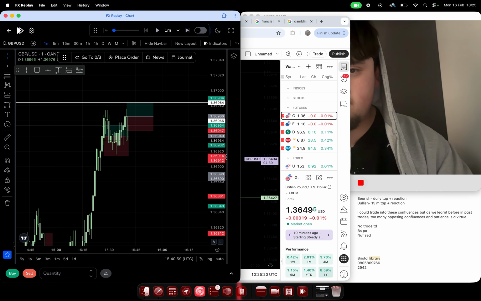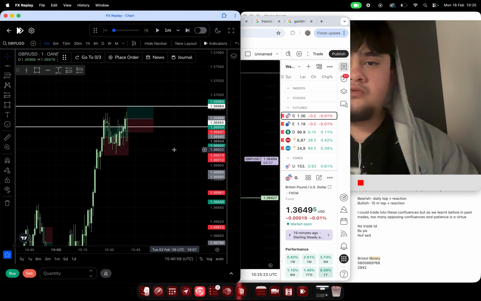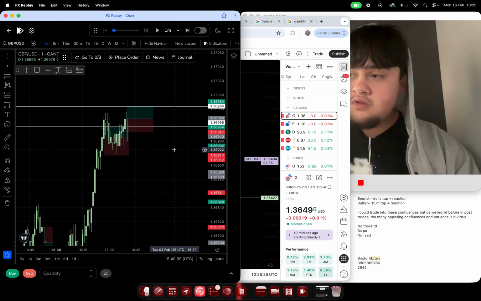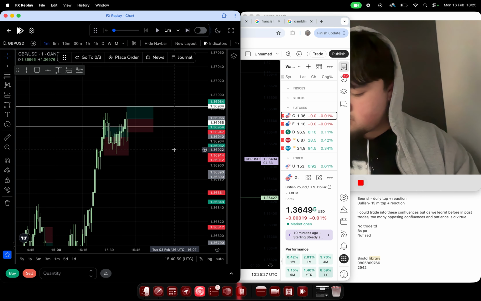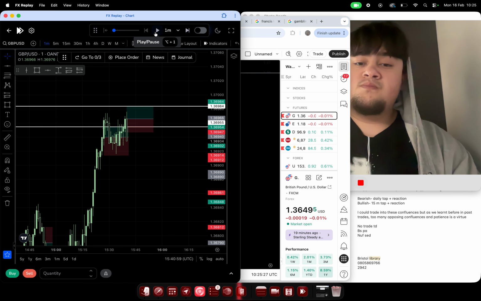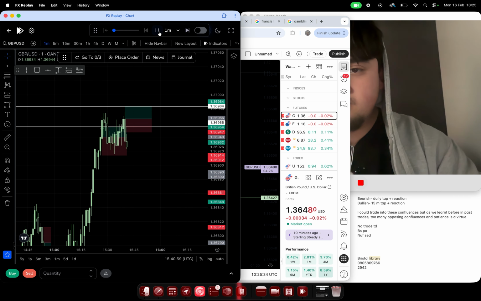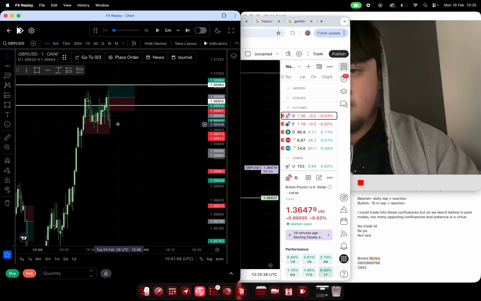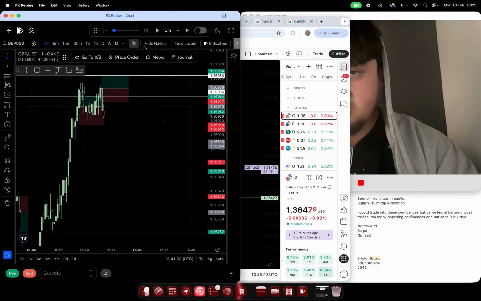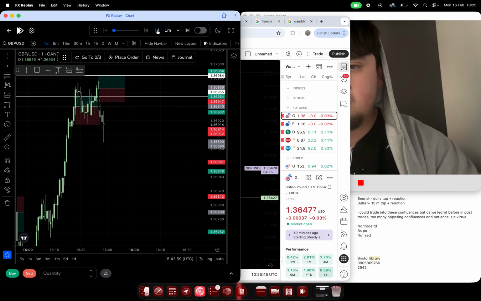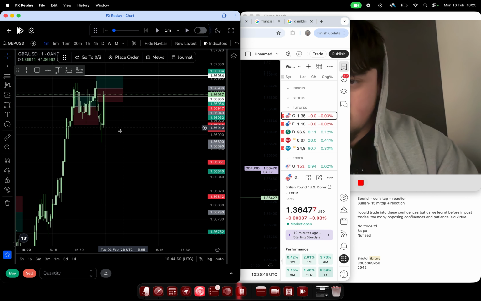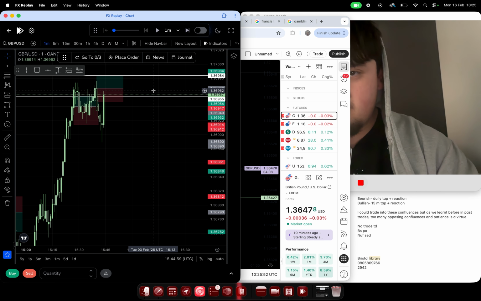So now we'll probably do one more example. So there was tap, closure below, opposing confluence. That tapped nicely into a fair value gap, and then this came above.